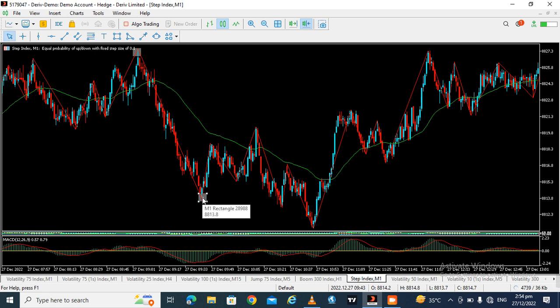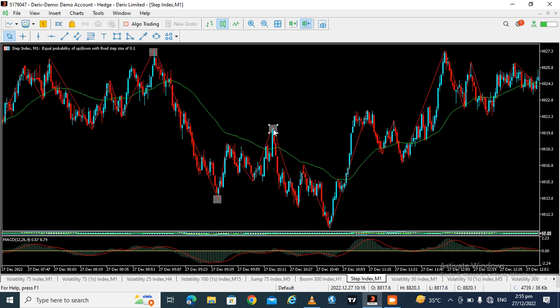After this low, we have a lower high formed here. Now this is the valid lower high. After this valid lower high, we have a low being formed here. As you can see, it broke structure to the downside.